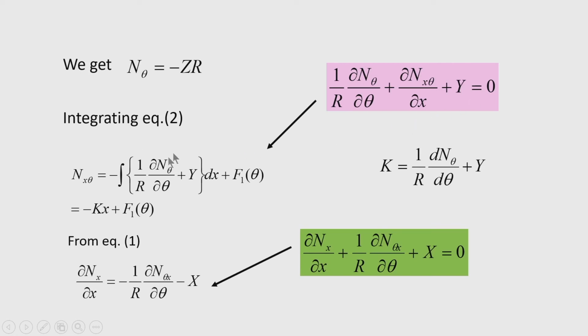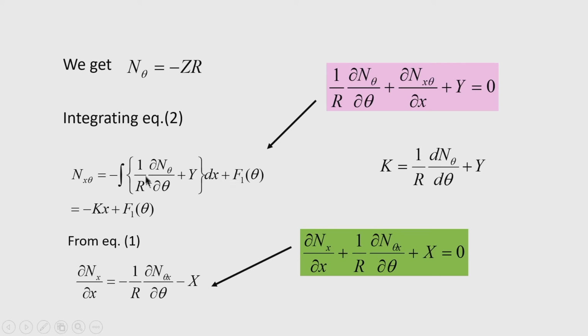after integrating we can get, because this n_θ and Y will be functions of θ, I group them together, since r is also a function of θ, and it is integrated with respect to x because this differentiation is with respect to x. So, integrated with respect to x, plus the constant of integration.